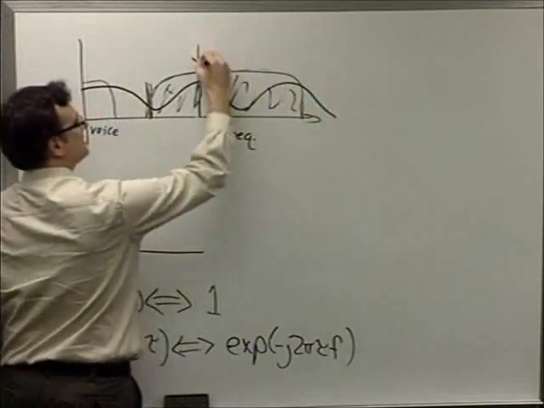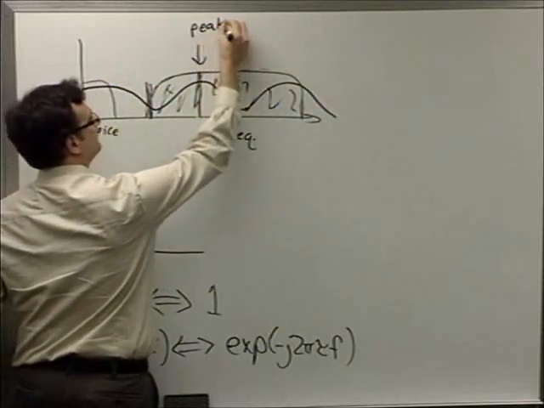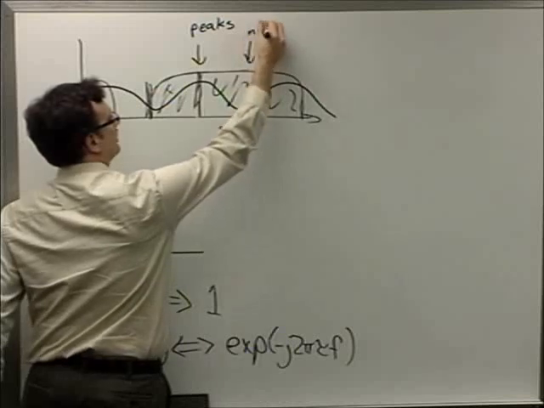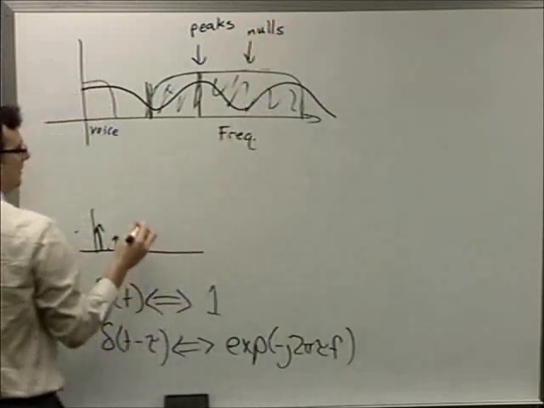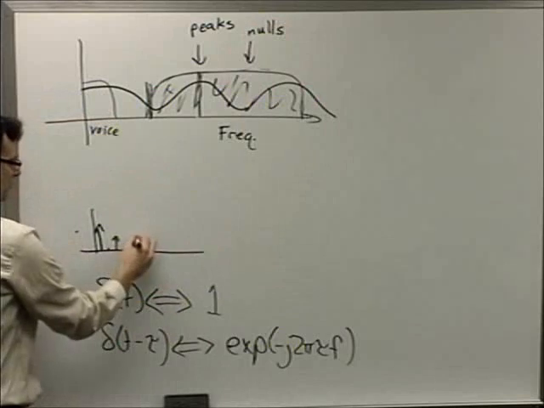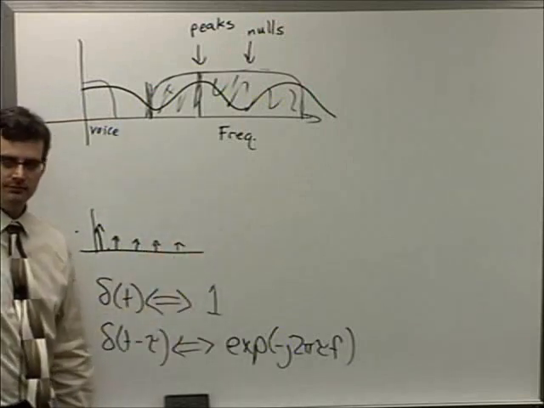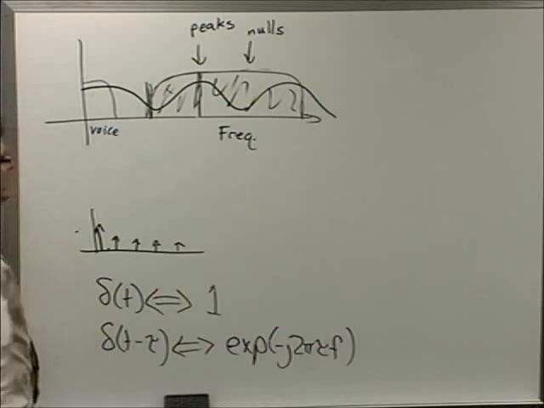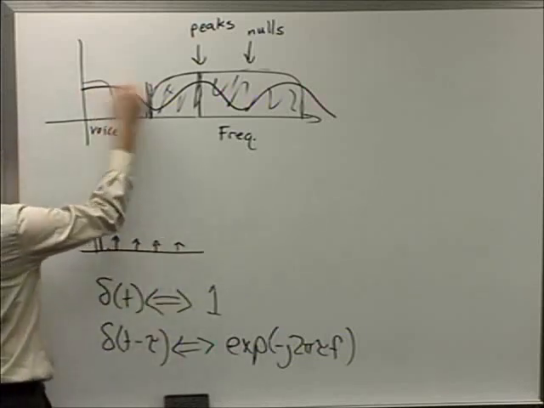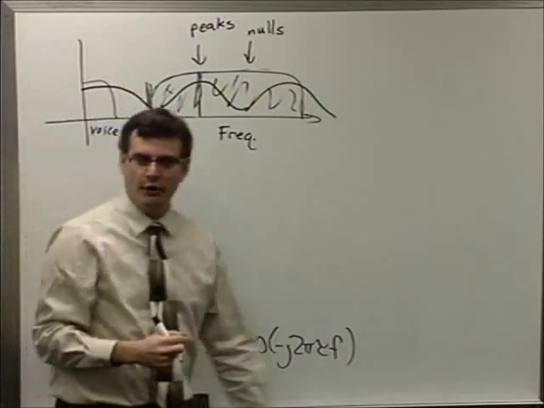You'd have peaks and nulls, based on whatever your impulse response on your transmission line looked like. Peaks and nulls. Now, your voice would be so small that you wouldn't get to the first null yet. That would be the hope.